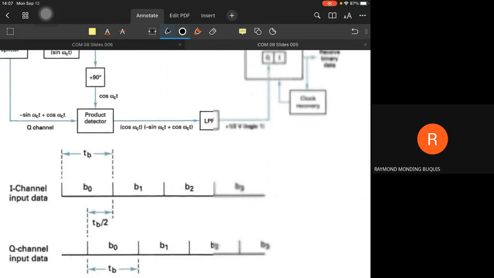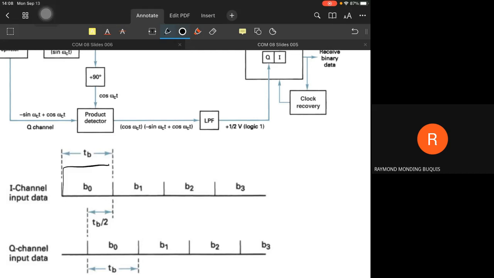Yes, correct. So first is bit 0. This contains the Q, so four.